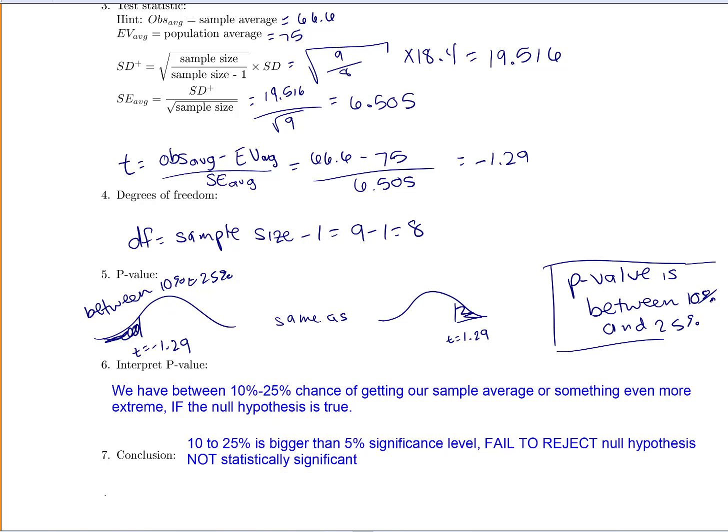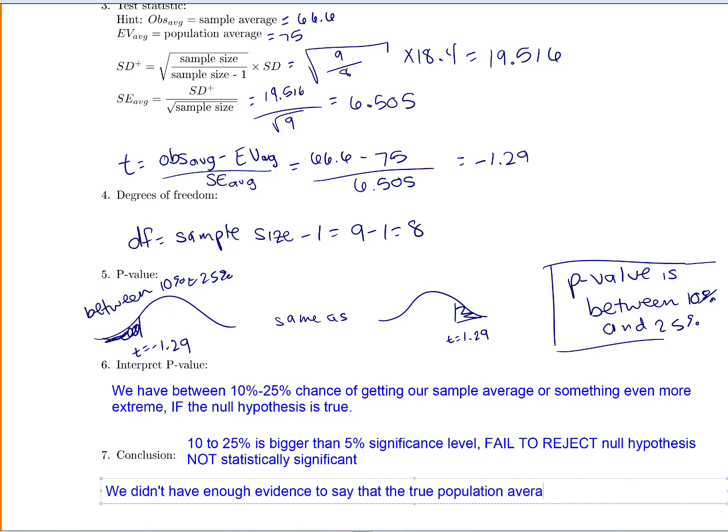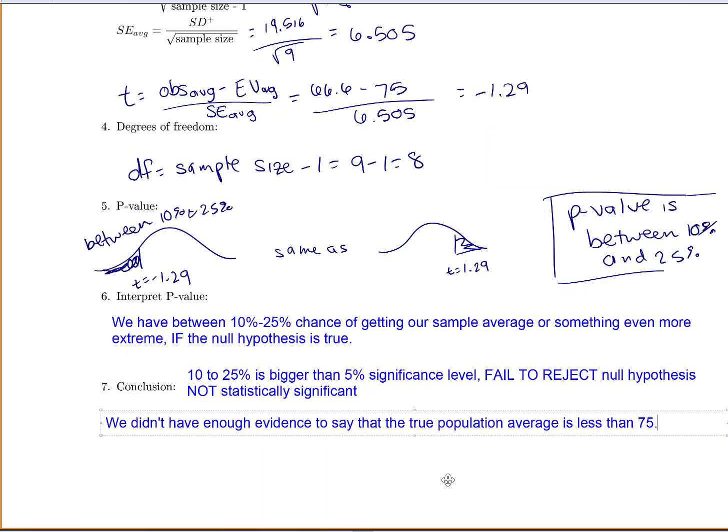For our actual conclusion, the thing we would tell our boss, we would say we didn't have enough evidence to say that the true population average is less than 75. There might be a little bit of evidence, but not enough to really conclude it. We're not really sure, so not enough to say that.